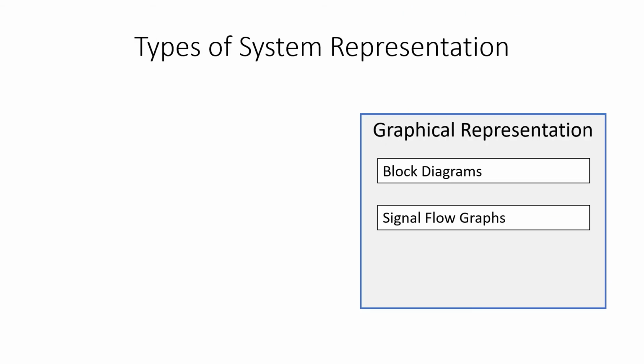Now we have covered the mathematical expressions, the one paradigm of system representation. The other paradigm corresponds to the graphical representation. In that, we have already mentioned that you're going to have two major categories defined over here, although there are other ways, such as bond graphs, but we are going to focus currently on block diagrams and signal flow graphs.